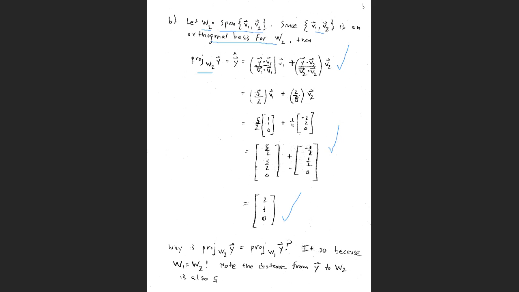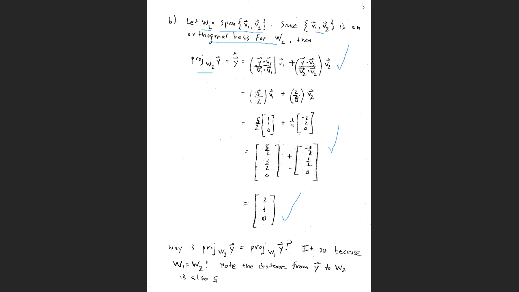That's the same projection as we got in part A. For part A, the basis vectors for the subspace were E1 and E2. Here, we have different basis vectors for the subspace, but yet the projection is the same.